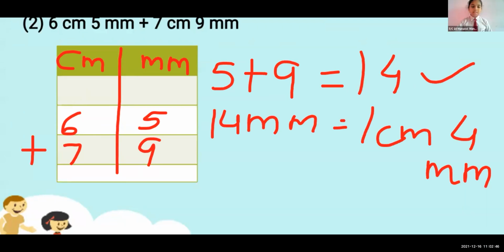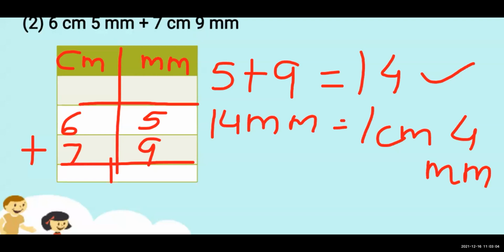Harsha, I have unmuted you. Now we've got 1 centimeter 4 millimeter. What will be my next step? 6 plus 7?